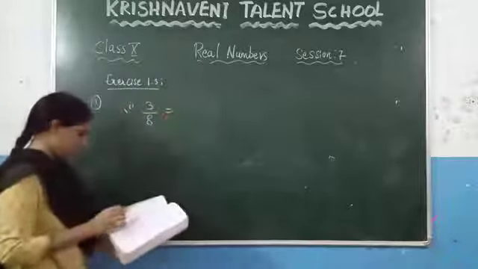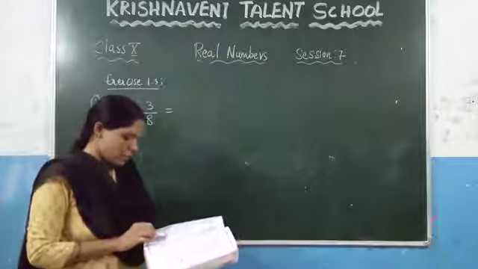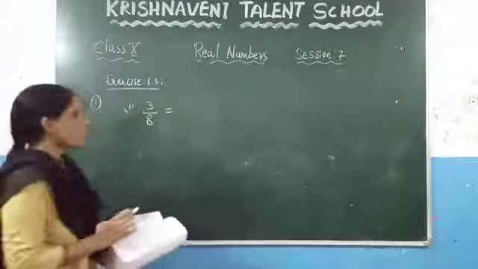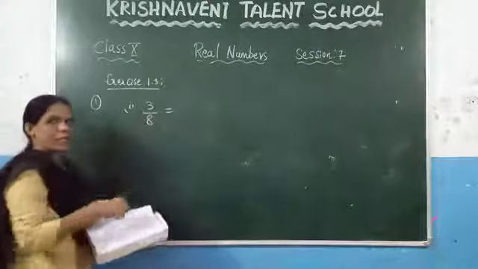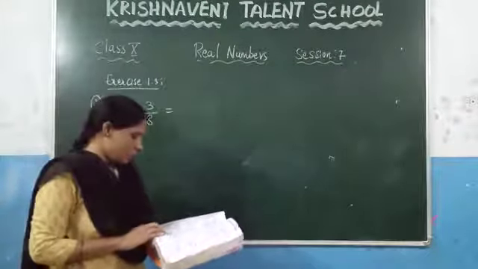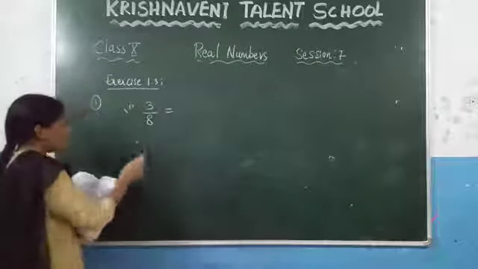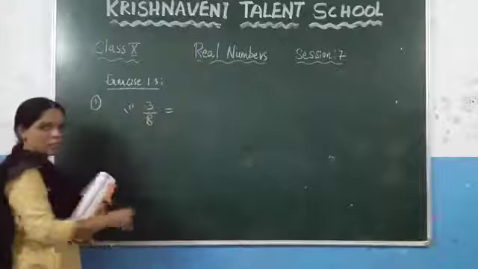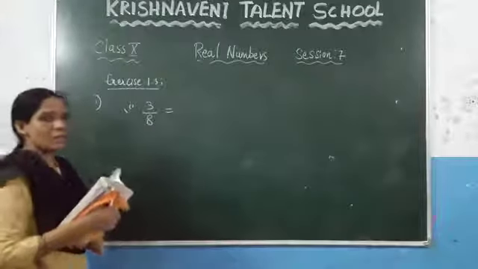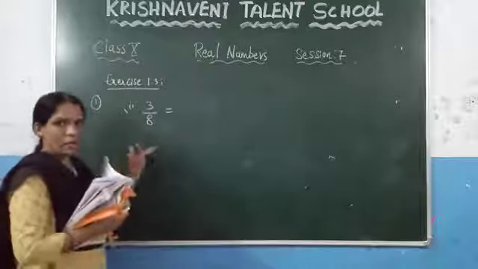Write the following rational number in the decimal form. Now, you have to write this rational number in the decimal form and also state which are terminating or non-terminating repeating decimals. That means first you have to write this number in the decimal form. After writing this number in the decimal form, you have to state whether it is a terminating decimal or non-terminating repeating decimal.